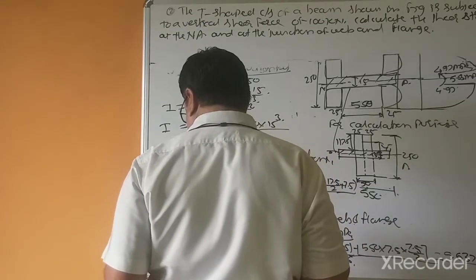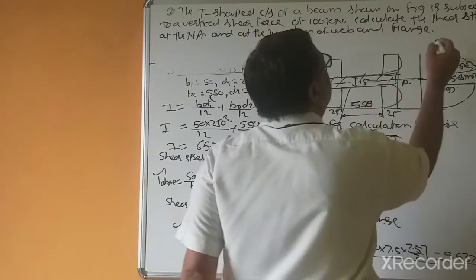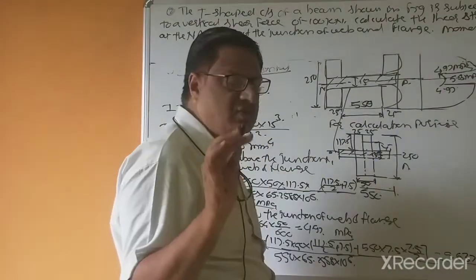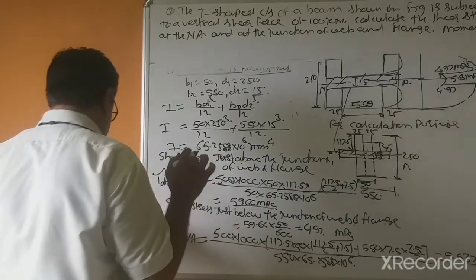Moment of inertia about the horizontal neutral axis is... for this problem, the moment of inertia is directly given, so there is no necessity of calculations for the moment of inertia.